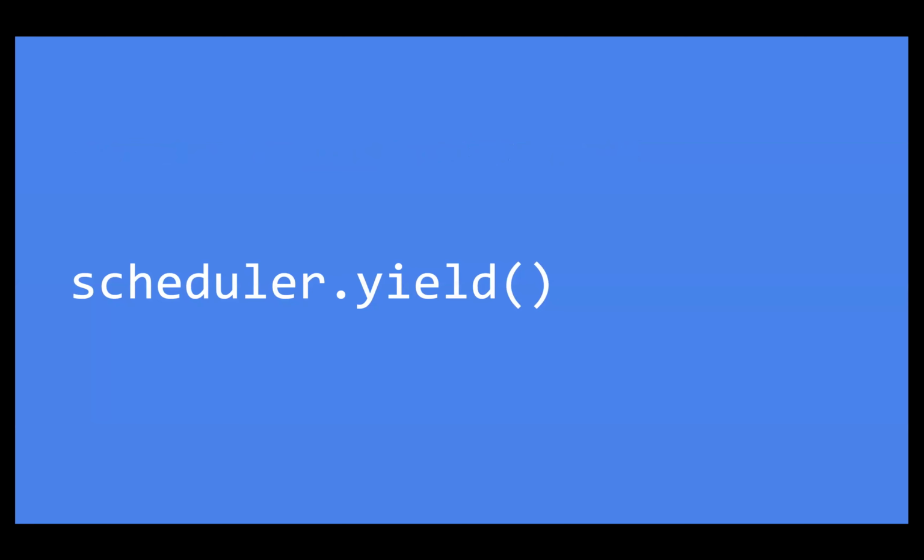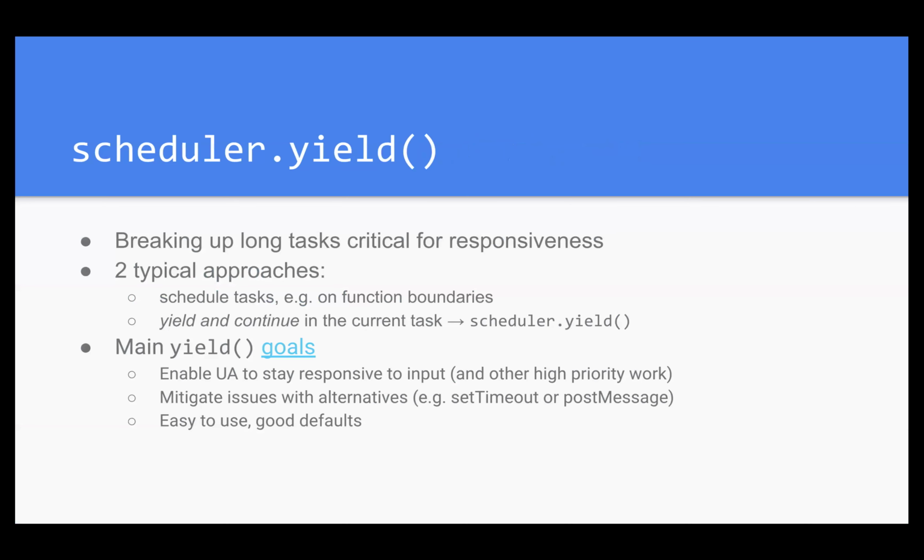Okay, scheduler.yield. As I said, this is the focus this year, and hopefully what I was just describing will help you understand how this works a little better. The main goal again: the problem is we need to break up long tasks because it's critical for responsiveness. As mentioned, one approach is to schedule tasks on function boundaries.